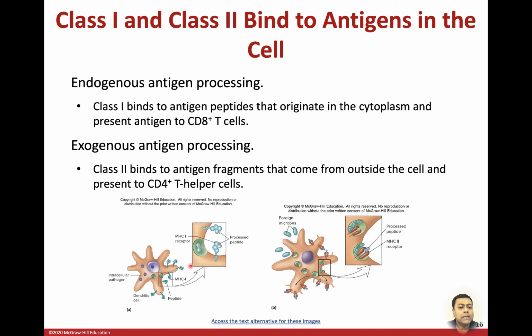So once your MHC1, which is present in all of your nucleated cells, presents the antigen to the cytotoxic T cell, it will recognize your antigen. But to activate that cytotoxic T cell, you need another stimulus, and that stimulus is not present in your own cell or self cell.